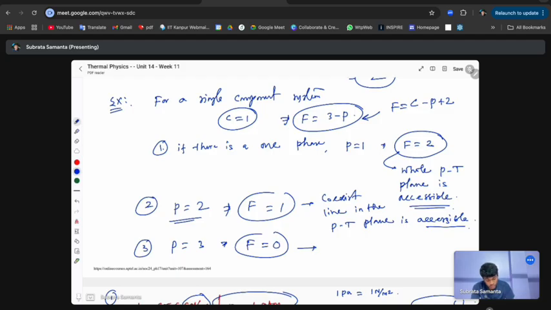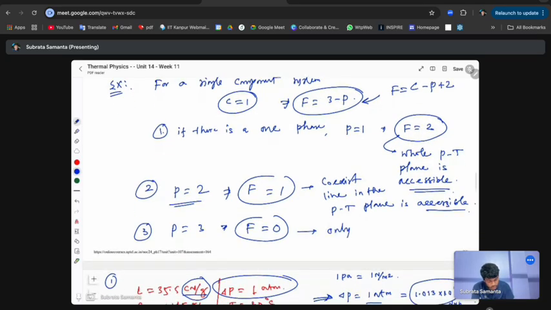Only one point where 3 phases coexist, because p equals 3.